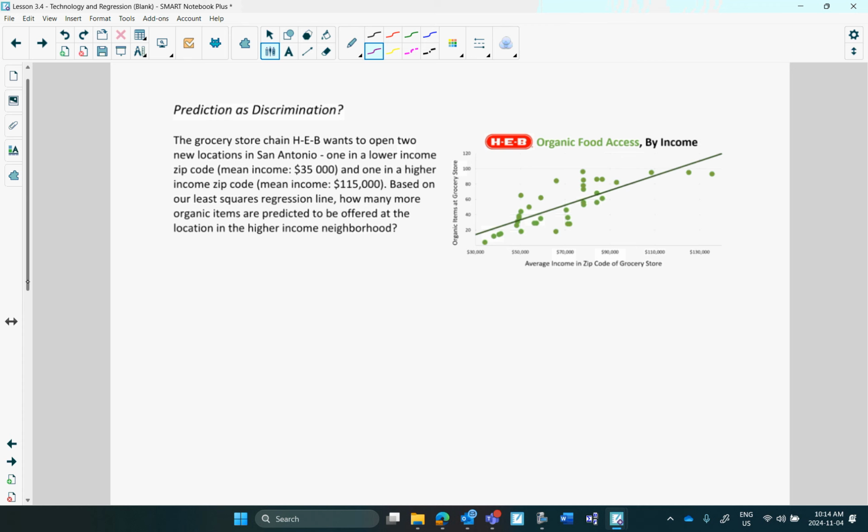And we saw that it was a positive, linear, moderately strong relationship with really doesn't appear to be any outliers. Remember the four components that you have to describe.